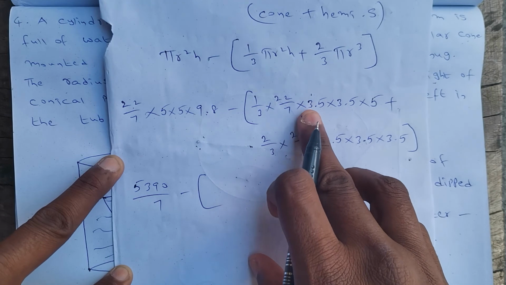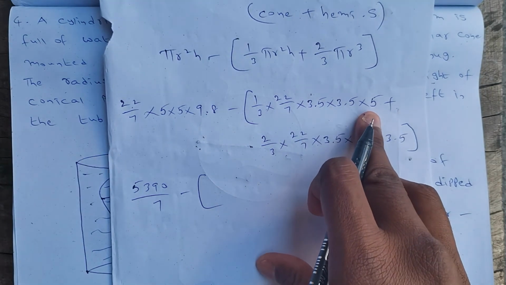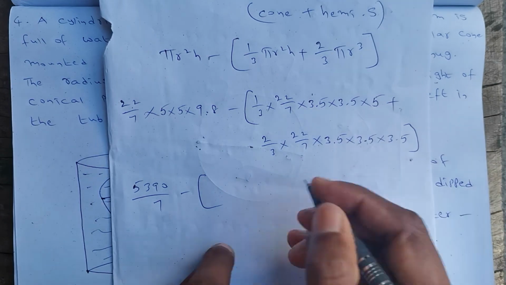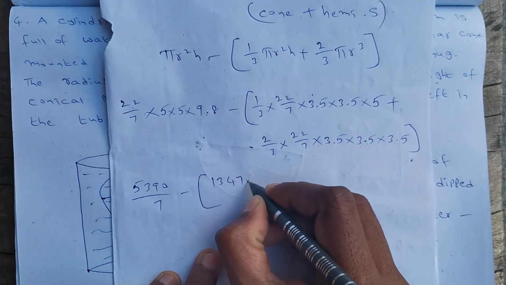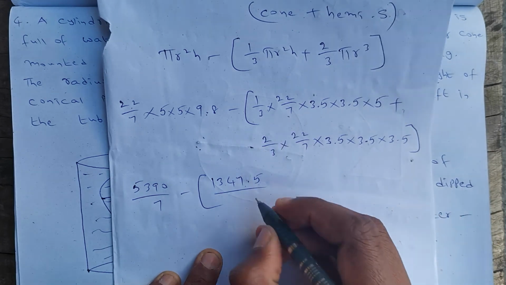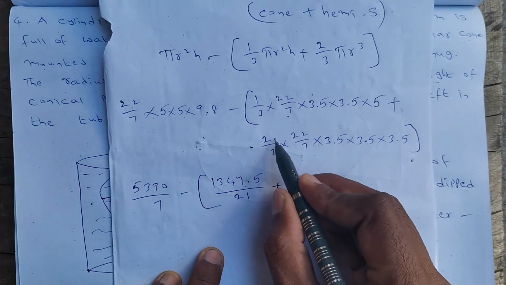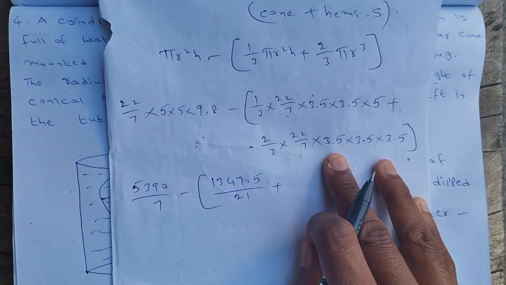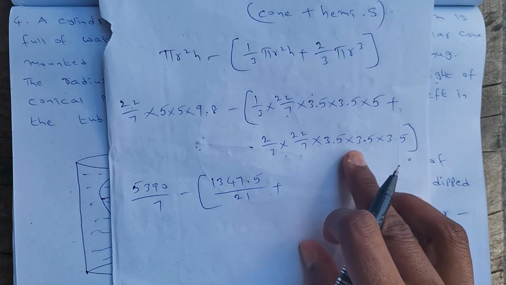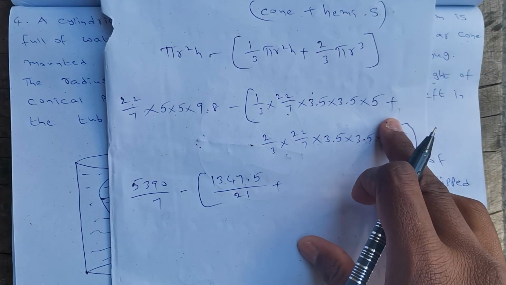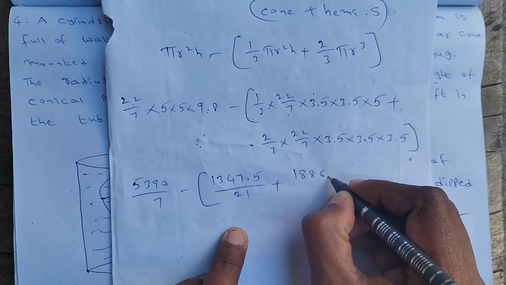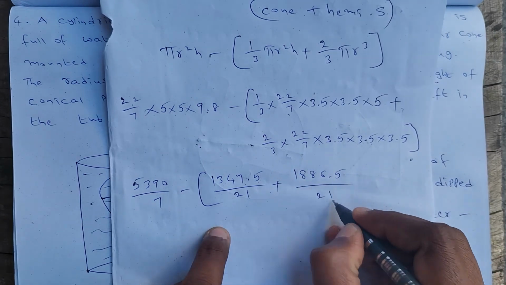So 22 into 3.5 into 3.5 into 5 is 1347.5, divided by 3 sevens are 21, plus 2 into 22 into 3.5 into 3.5 into 3.5, that is 1886.5, divided by 3 sevens are 21.